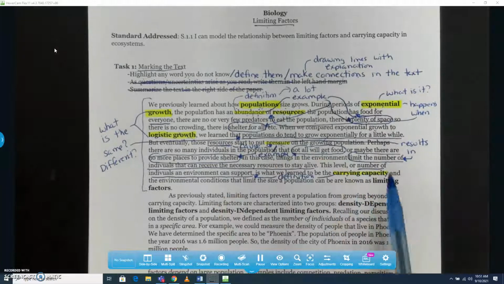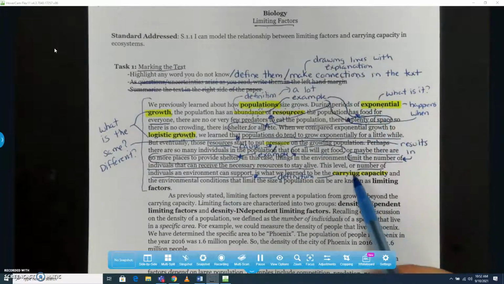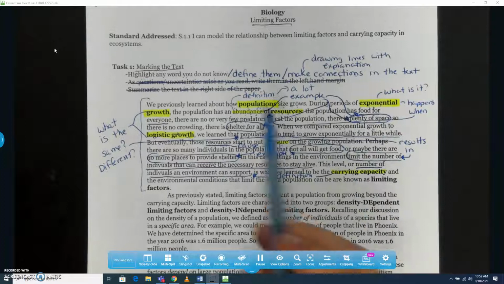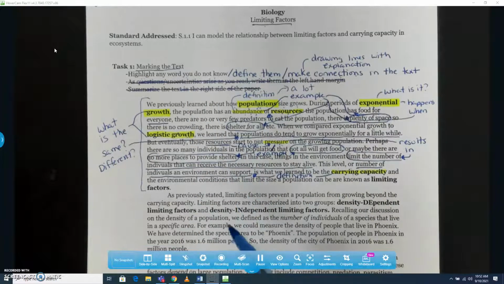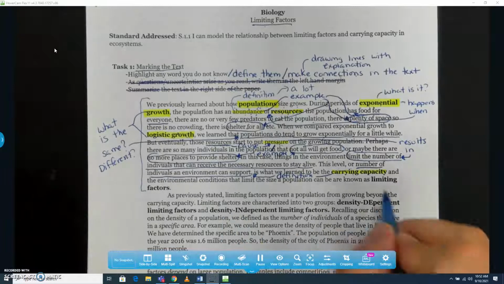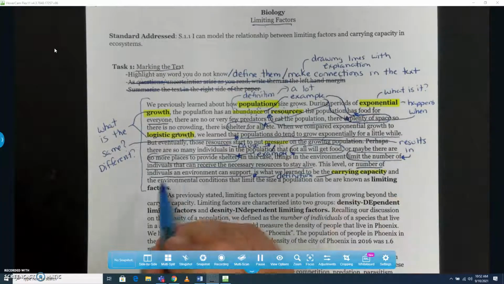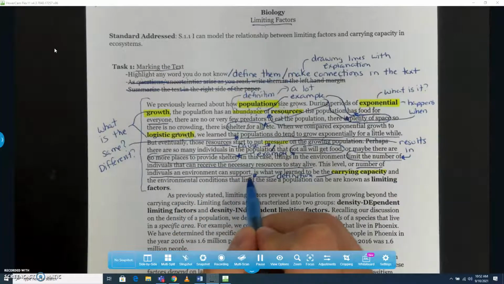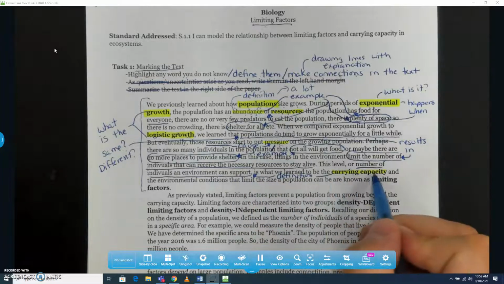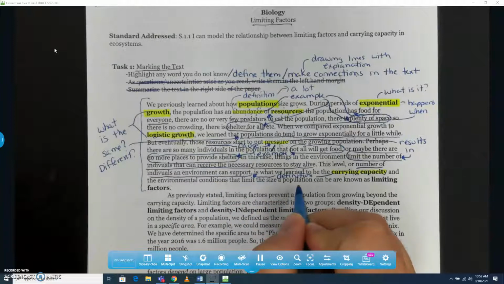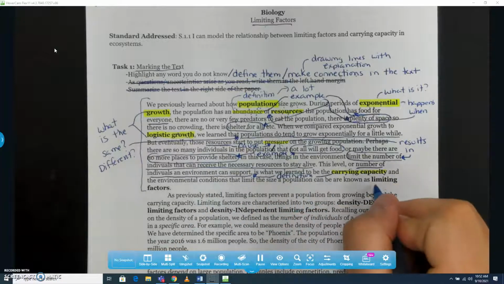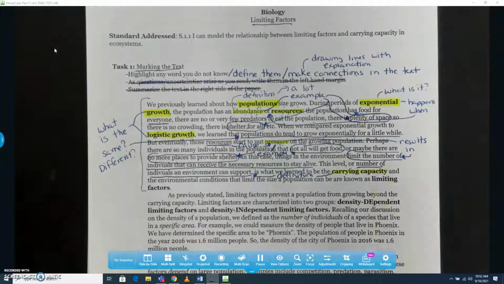Again, I'm making a connection between this vocabulary word, a word that we probably are not too comfortable with, and we're actually defining it. So number of individuals an environment can support is the carrying capacity, and the environmental conditions that limit the size of a population are known as limiting factors.